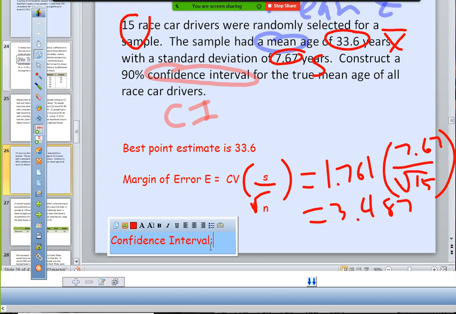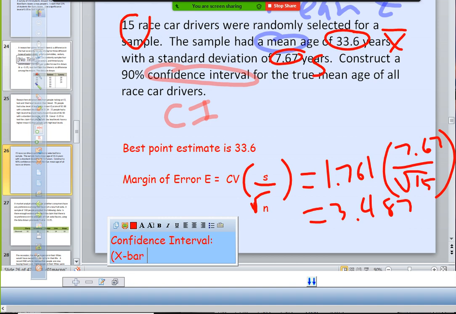Which is going to be parentheses x bar minus my margin of error, comma, x bar plus my margin of error.